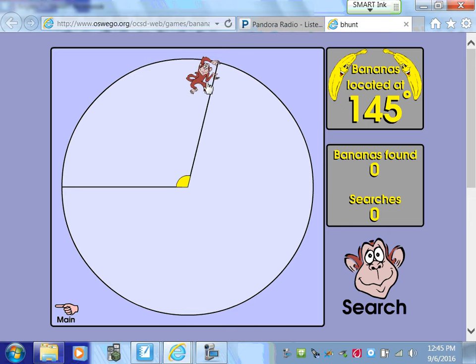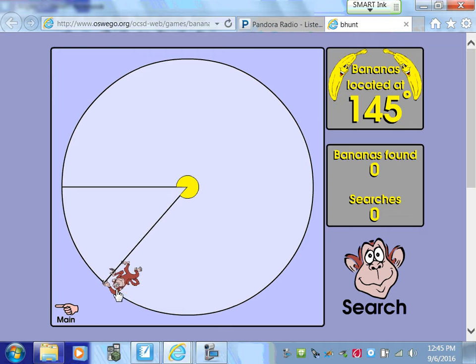So let's go back here. If this is 45, the halfway between 90 and 180 is 135. Halfway between 180 and 270 is 225. Very nice. And halfway between 270 and 360 is 315.